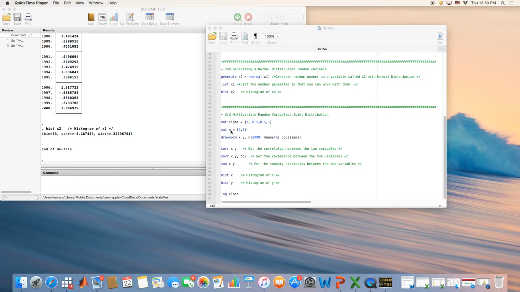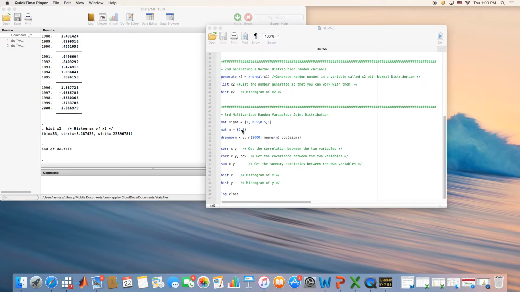We need also to tell Stata the matrix or the vector that includes the means. So this is the mean of x and this is the mean of y, or the average of x is 2 and the average of y is 3. And remember, we're just making up any numbers.